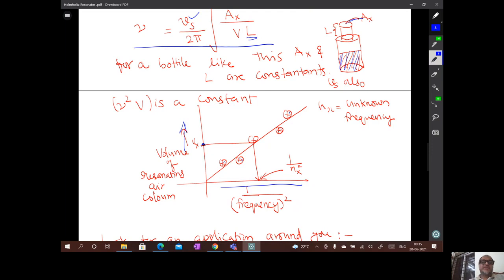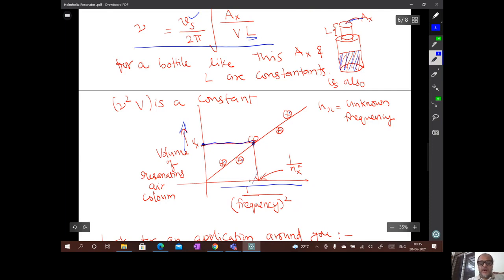You will best fit the line, and you will realize that n square V is a constant, it's a straight line. This relation you will verify. Now Vx is here, then you draw a line parallel to the x-axis where it cuts this line.